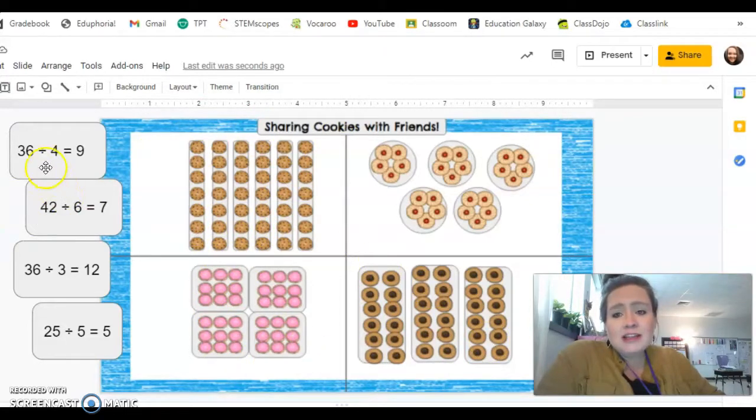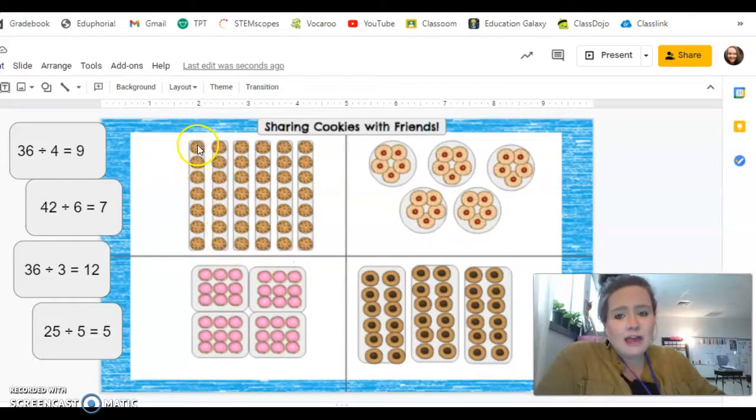And you are matching the division problem to the correct sharing cookies with a friend. So if I look here, I have 1, 2, 3, 4, 5, 6, 7. I have 7 in one group, and you can see the groups, and then I have 1, 2, 3, 4, 5, 6, and I have 6 groups. So I have 7 in each group, and I have 6 groups.